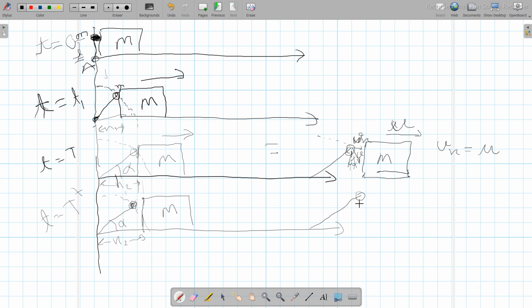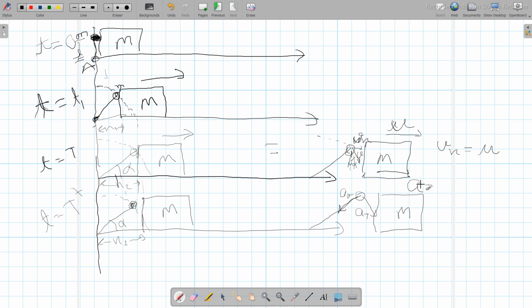I am showing the acceleration for this: this is tangential acceleration at, and this is radial or normal acceleration. The body of mass M is moving with acceleration a.